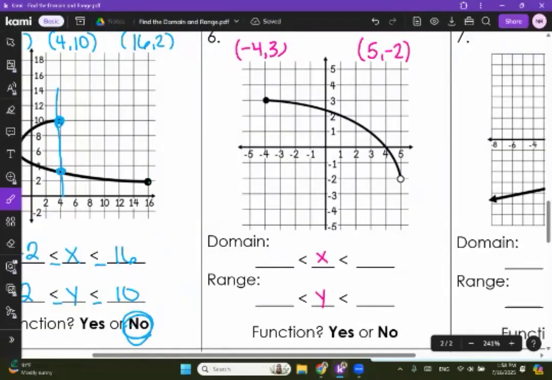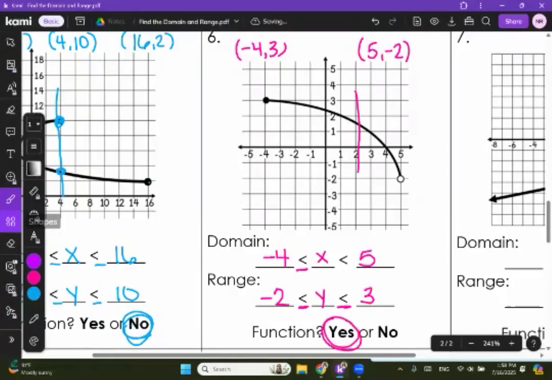So the smallest x value is negative 4. Negative 4 is at the closed circle, highest 5. 5 is at an open circle, so leave it alone. For the y, negative 2 is the lowest number. Negative 2 is at the open circle. 3 is at the closed circle. But it doesn't matter where I draw a vertical line. It's only going to touch once. So yes, this one is a function.